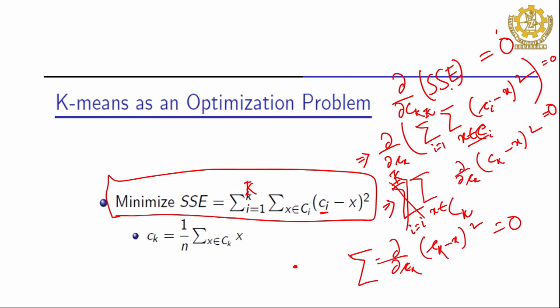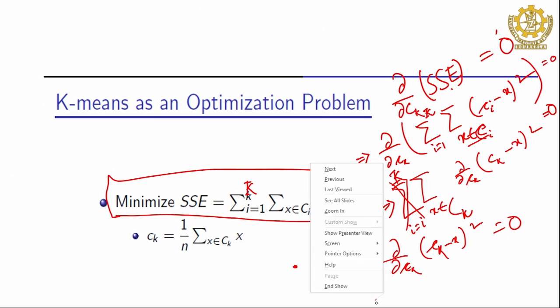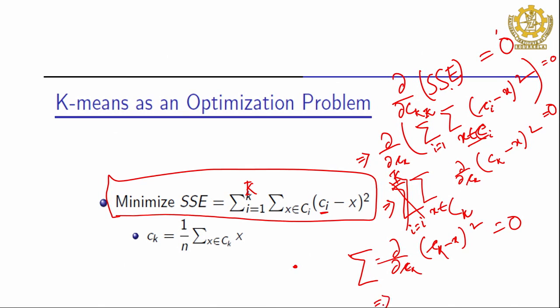Now, if you differentiate (c_k minus x) squared with respect to c_k, we get 2 into summation over (c_k minus x), equal to 0.